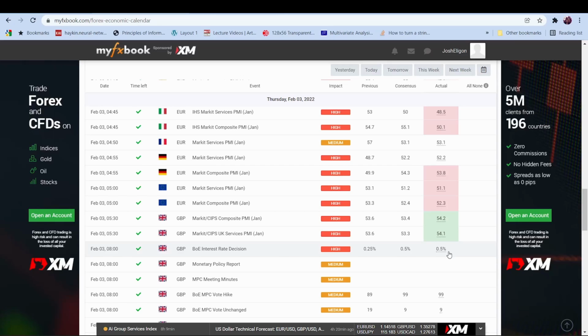So we were expecting to see some GBP strength, and that is what we saw at the initial beginning of this news release. Once we did get that confirmation of the actual value during that period, the interest rate itself actually increased by 0.25.